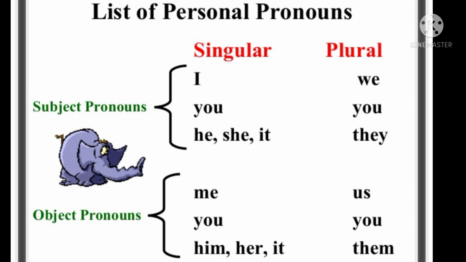And when it is used in the place of object, that is the objective case, singular me, plural us, second person you, and its plural also you, third person him, her, or it, and its corresponding plural is them. Okay, keep it in your mind.